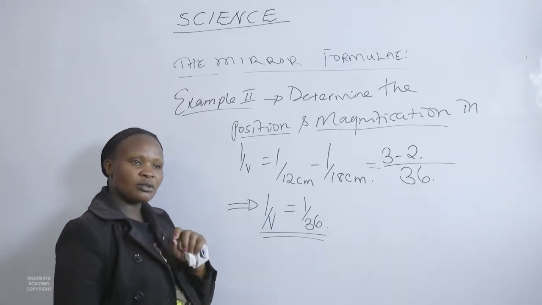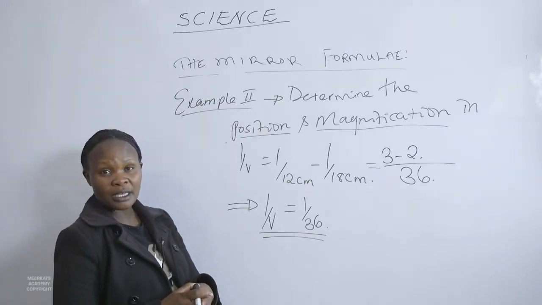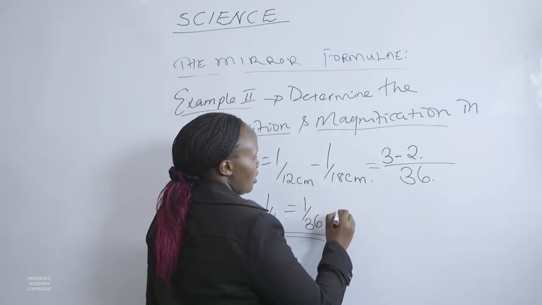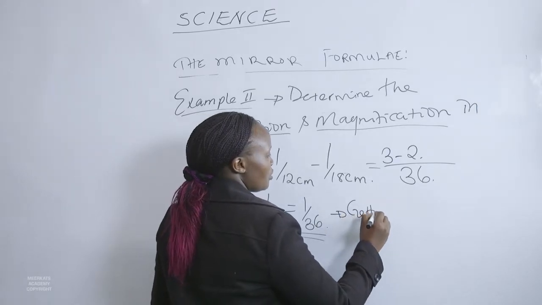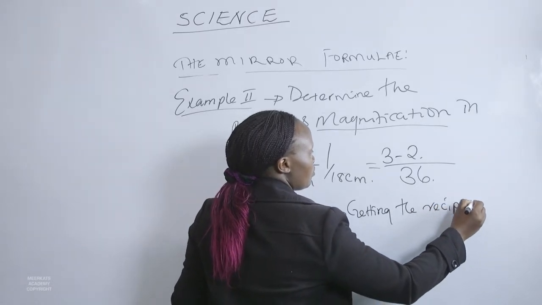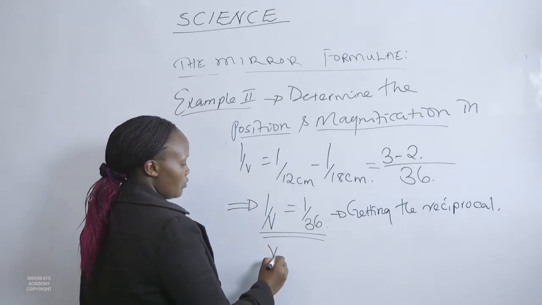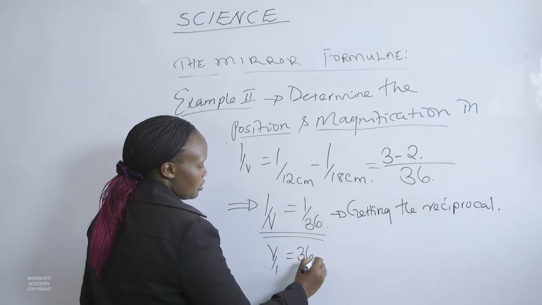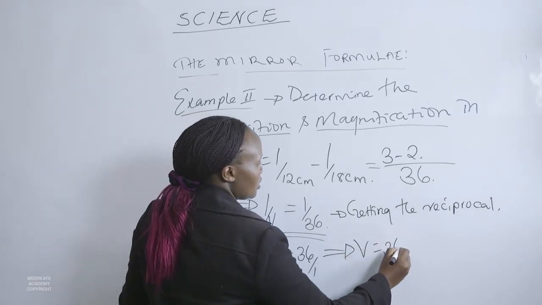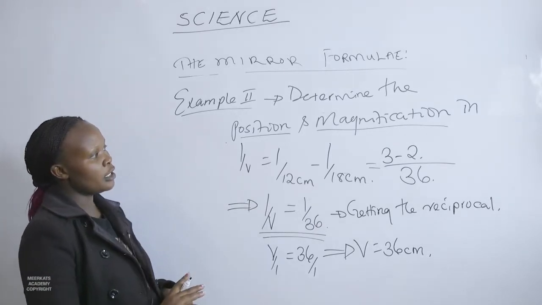But the question does not require us to get 1 over V. Rather, we are required to get V in itself. So we get the reciprocal of both sides, so that now V over 1 becomes 36 over 1, implying that V is equal to 36 centimeters. V is 36 centimeters.